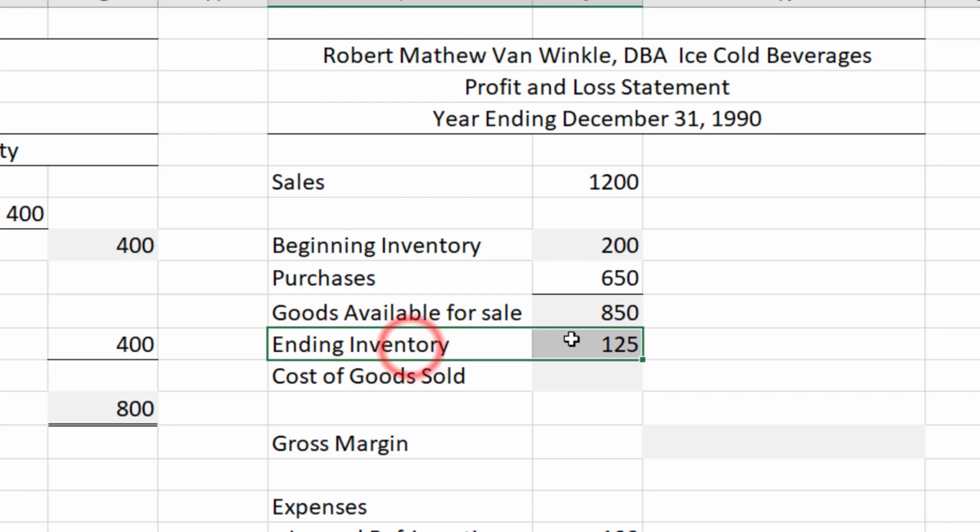The next item is ending inventory, and what you do is you have an inventory sheet off to the side. So you would look up your inventory at the end, and we have an ending inventory of $125. Now we need to find the cost of goods sold.